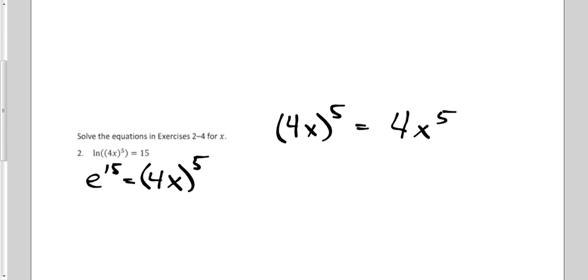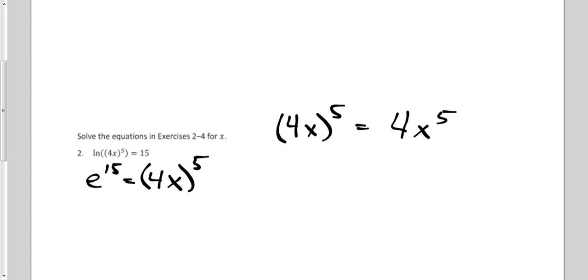When I write it this way, this is 4x times 4x times 4x times 4x times 4x. How many times? 5 times. What's this? This is 4 times x times x times x times x. I'm running out of room, but times x.